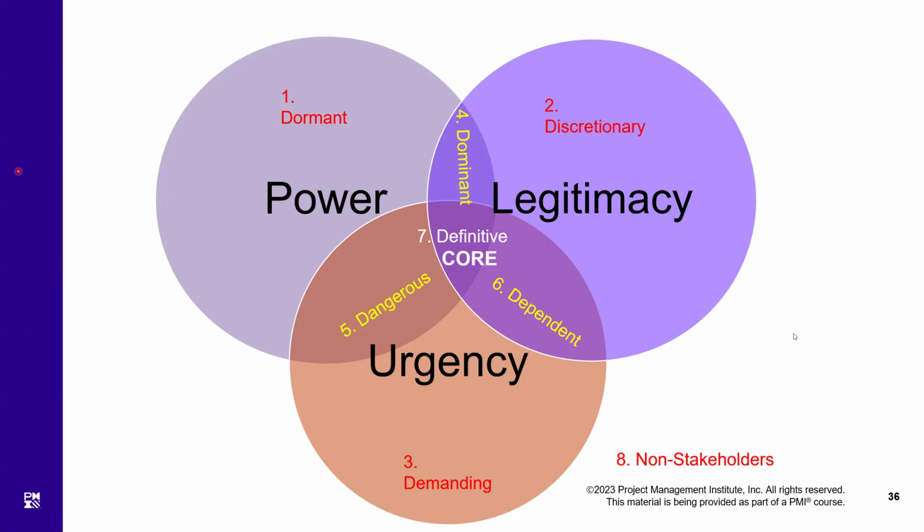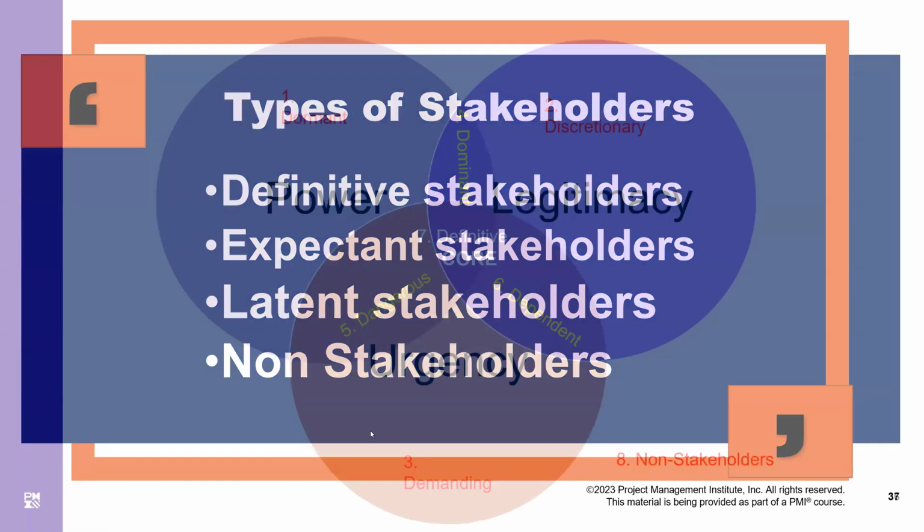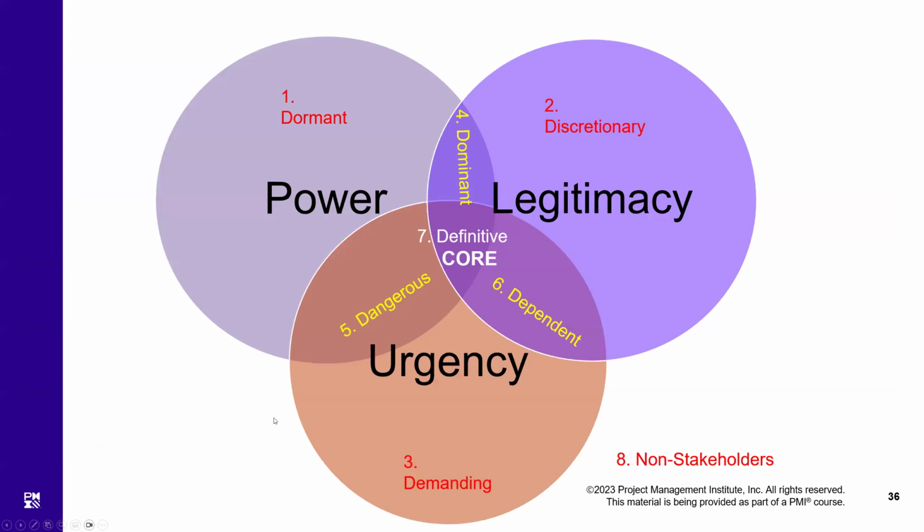Let me show you. This collective name for them is latent stakeholders. Those who are low in everything are collectively called non-stakeholders. Those who are high in only one area are generally called latent stakeholders. And in the previous diagram, who are the latent stakeholders?